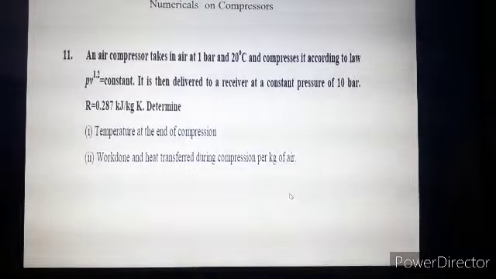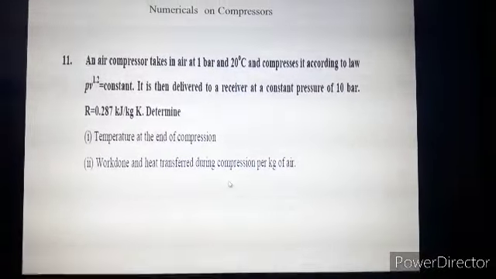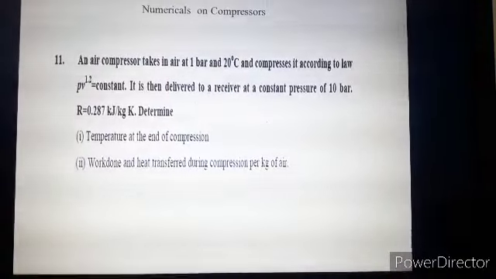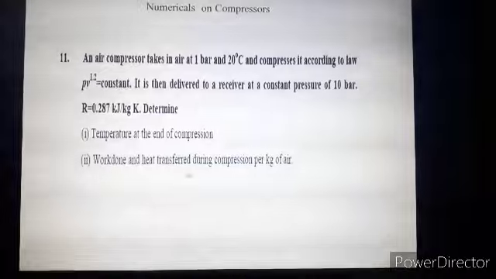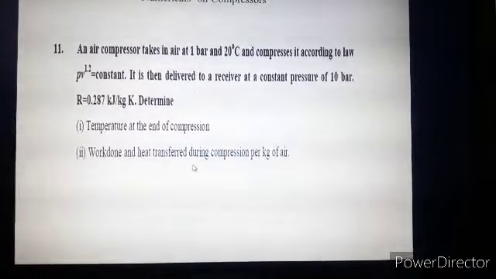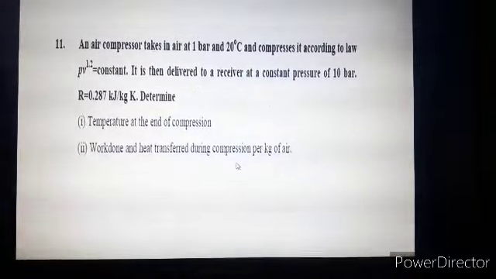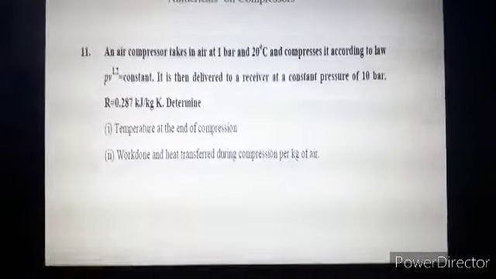According to the first law of thermodynamics, Q is equal to W plus delta U. This is the equation suggested by the first law of thermodynamics, and we refer to this equation in order to find heat transfer. Q is the heat transfer, W is the work required for the compressor, and delta U is the change in internal energy. Now how to find the change in internal energy?